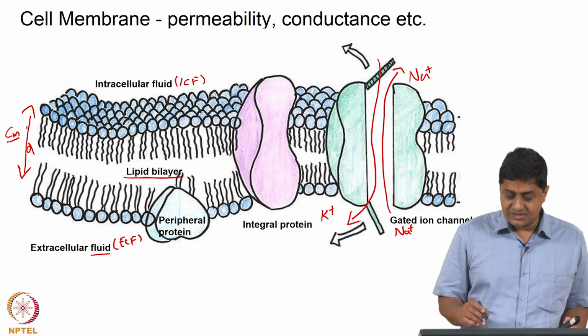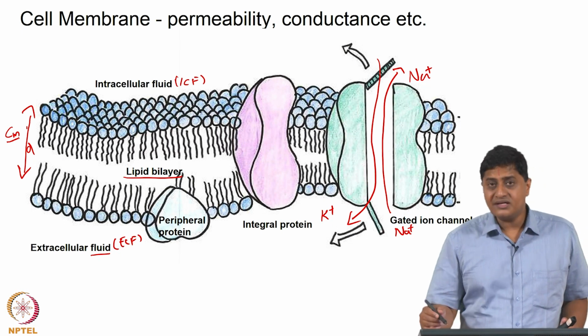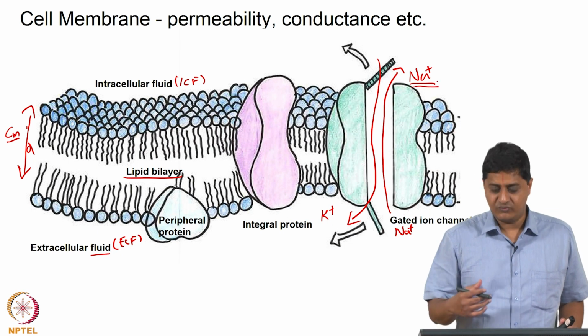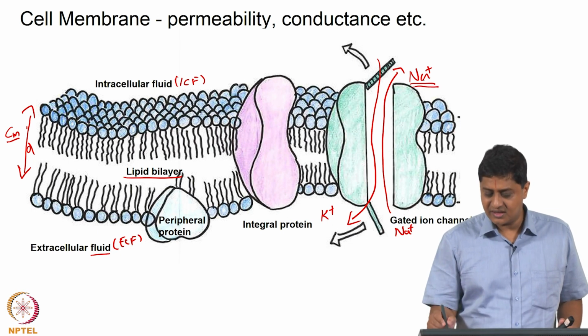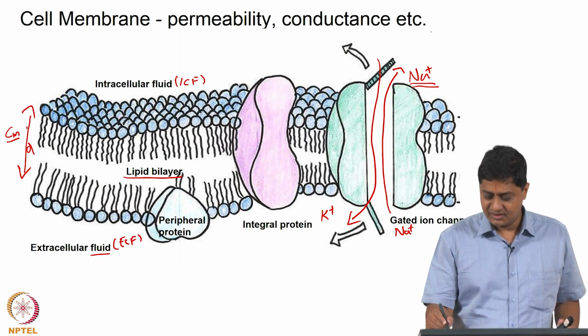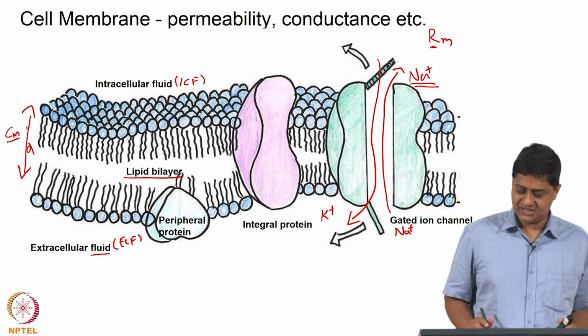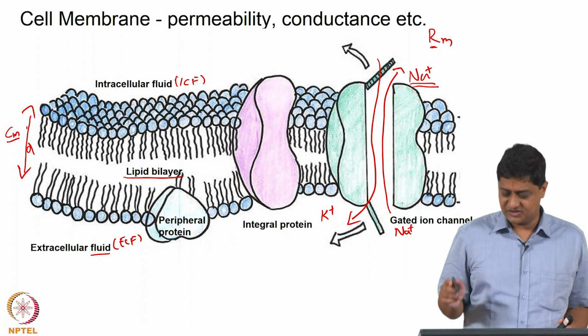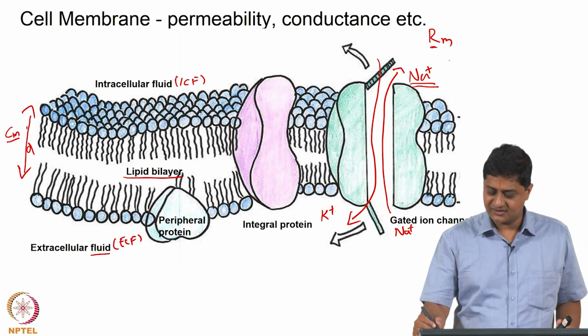But today we should also discuss one more thing: to what extent are these ions able to freely move? If an ion is able to move less freely, then it has a resistance, a membrane resistance. It turns out that each ion can have different amounts of resistance. So, we could call this Rm for sodium.